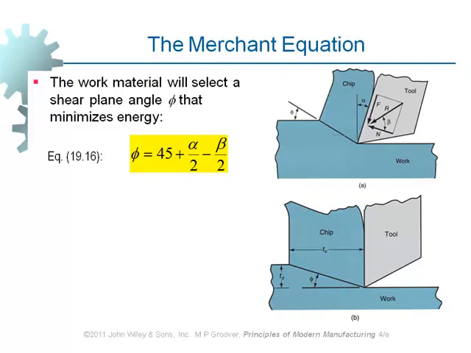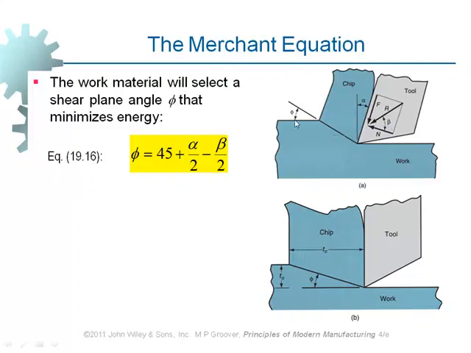And Merchant did perform a number of experiments, and he developed this equation which we can see on this slide. And this equation is very useful in relating phi to parameters alpha and beta. What is beta? Beta is the friction force angle, which is shown here. This is beta.